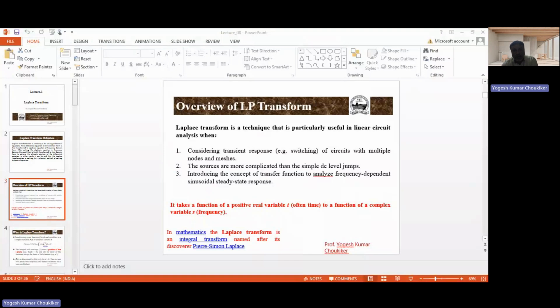If you have a question related to zero initial condition, you can easily solve your circuit: convert from time domain to frequency domain, and use methods such as mesh, nodal, and superposition, and you can do the solution. Based on that, I will take one quiz for this case. Then you have to solve a problem, and after that, I will evaluate this. Okay. Thank you very much.